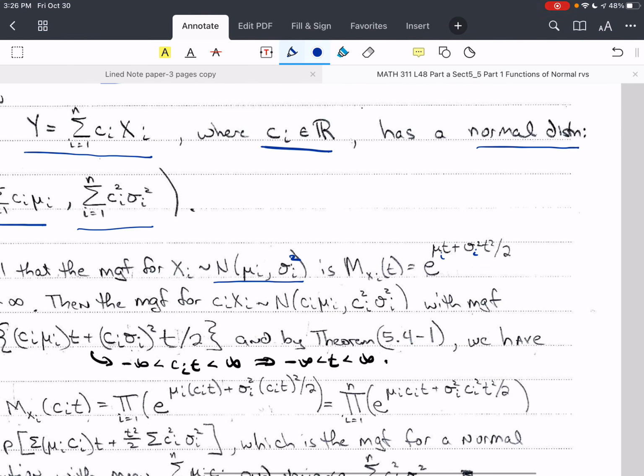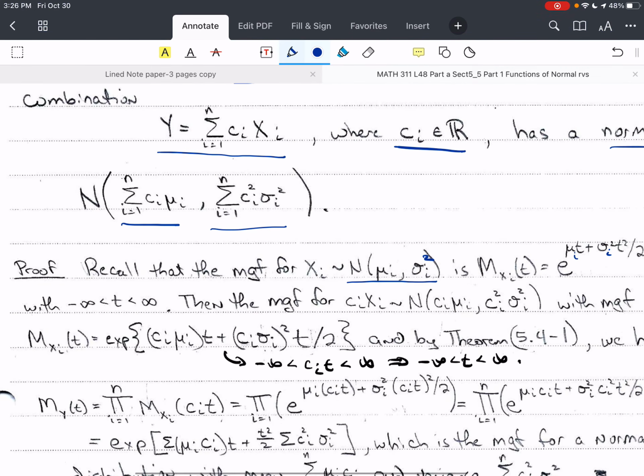Okay? And t is from negative infinity to positive infinity. It's a real number.